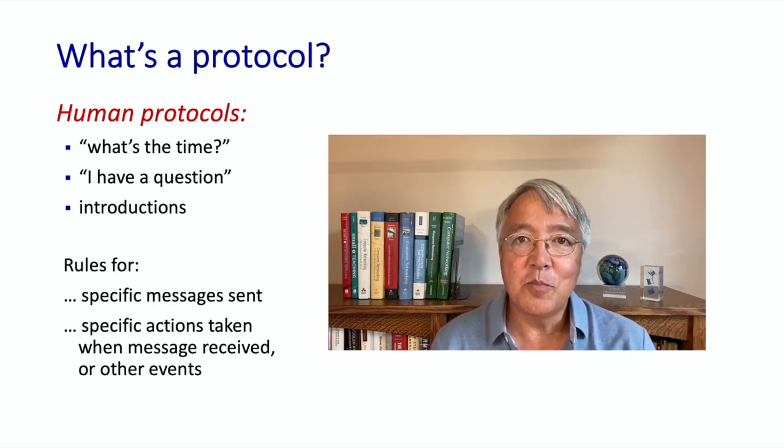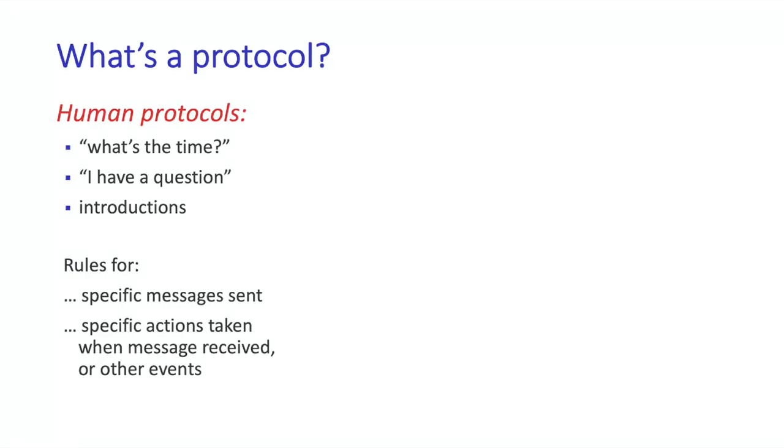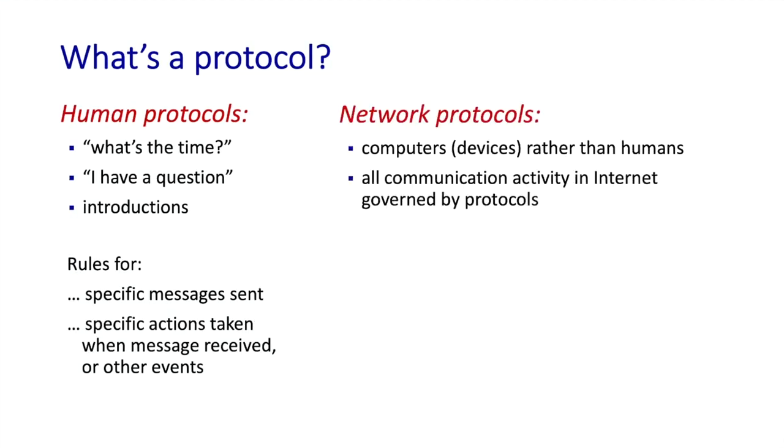Well, there are specific messages that are sent, in the case of humans, things that are said, and there are specific actions taken when the other party receives those messages. And computer network protocols are completely analogous to these human protocols, except that it's networked components, applications, hosts, routers, switches, and links that are exchanging messages and taking these actions as dictated by a network protocol.